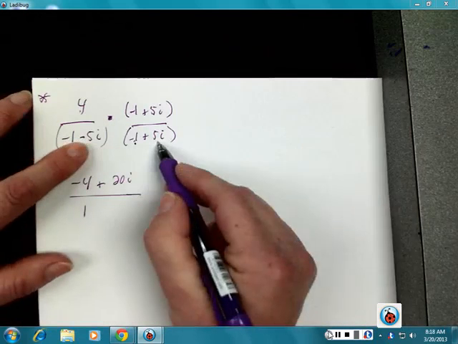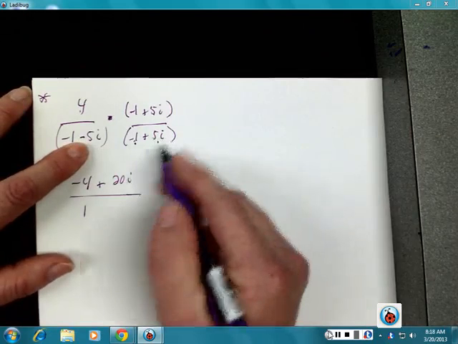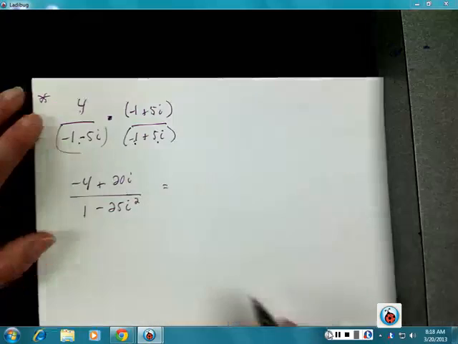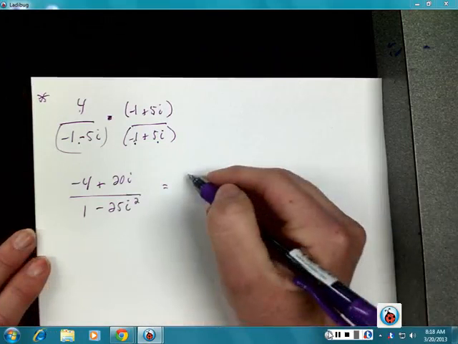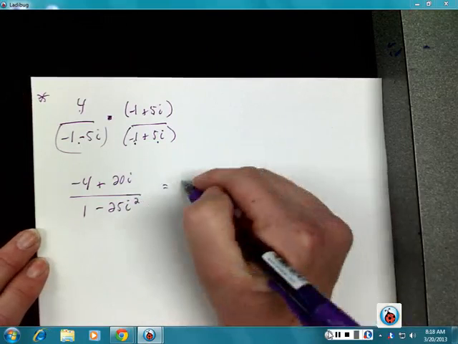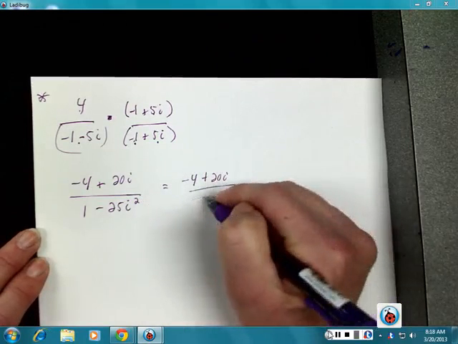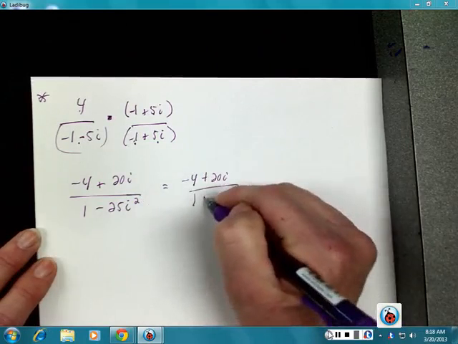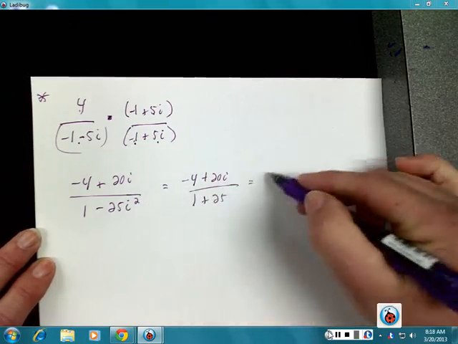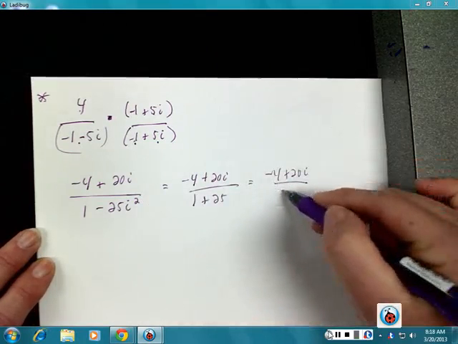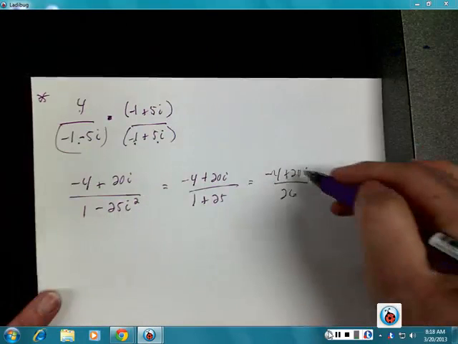A negative 5i times a positive 5i is a negative 25i squared, which really is positive 25. So I have negative 4 plus 20i all over 1 plus 25, or my answer is negative 4 plus 20i all over 26.